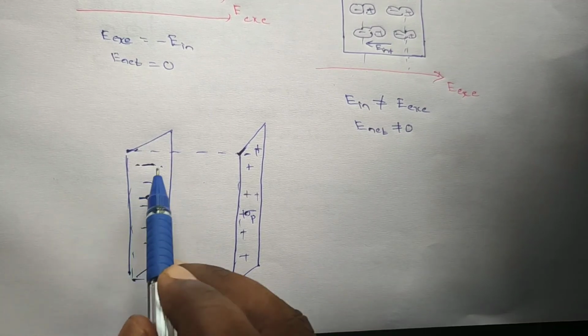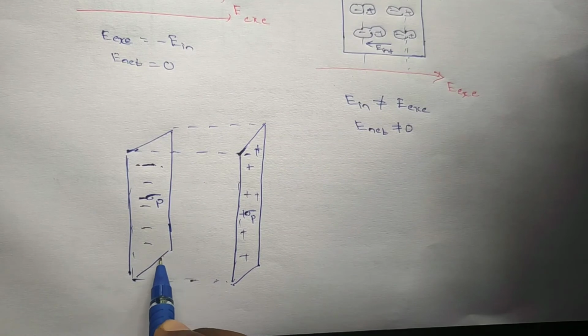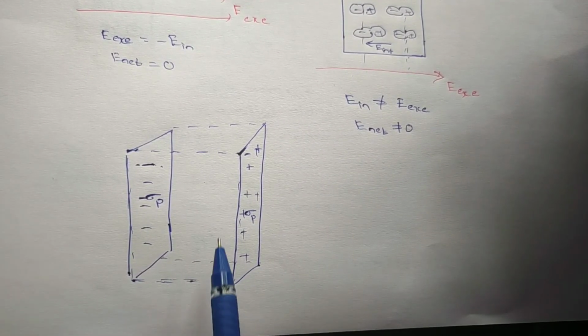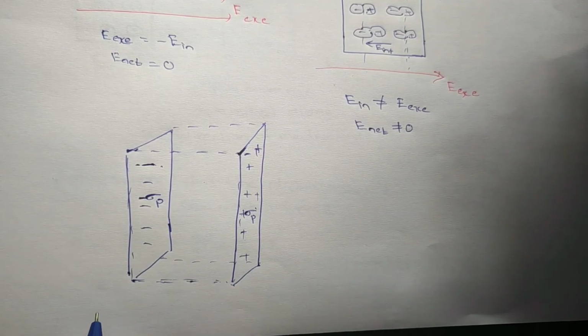Only these two surfaces have surface charges. This is the dielectric slab.